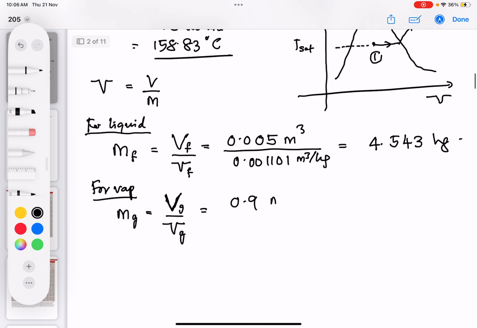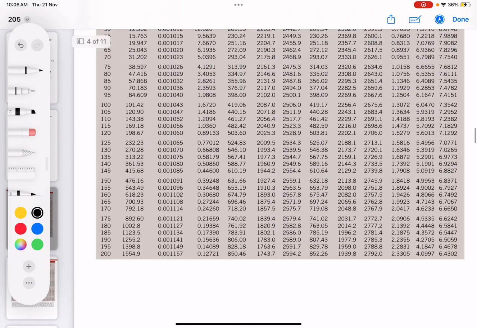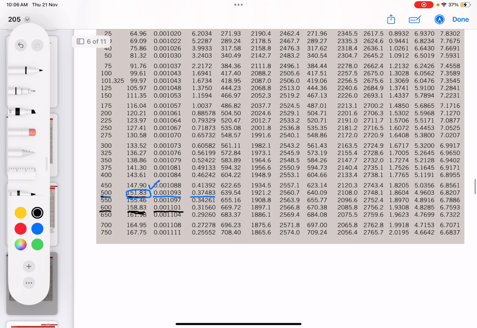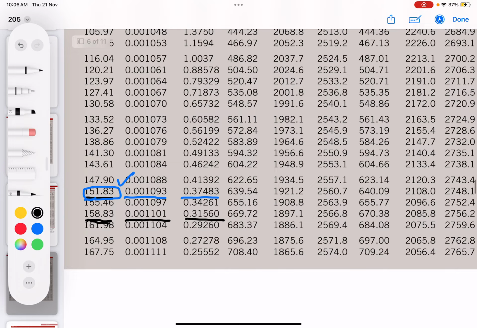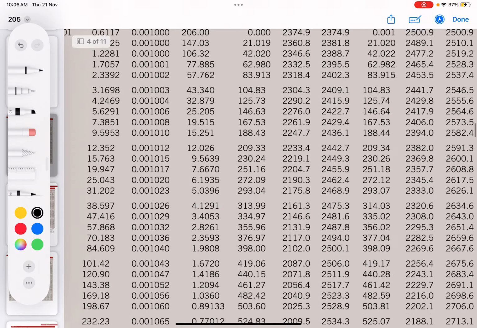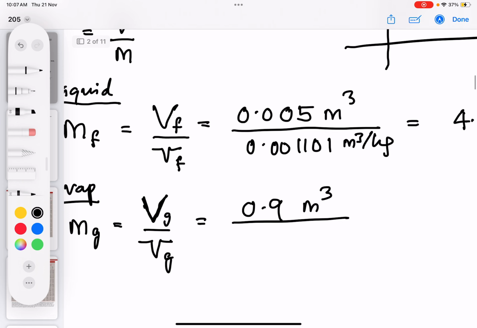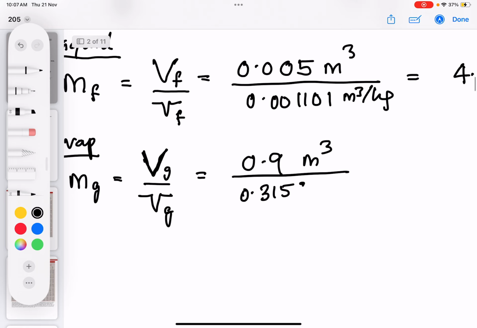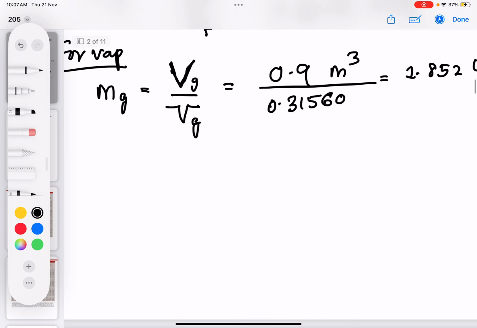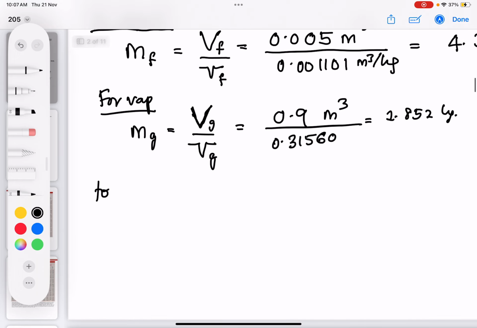So 0.9 meter to the power of 3 divided by vg at 600, because it was in state 1, therefore the value should be 0.31560, which equals 2.852 kilograms.